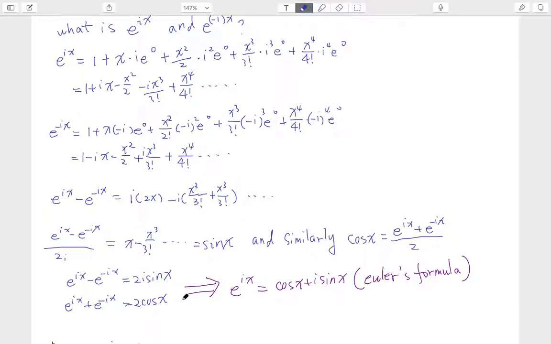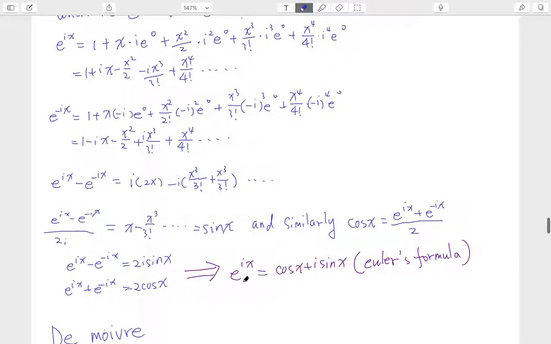I guess even throughout the whole of mathematical history, it is quite important, namely Euler's formula, named after Euler, a Swiss mathematician. e to the ix, what is it equal to?